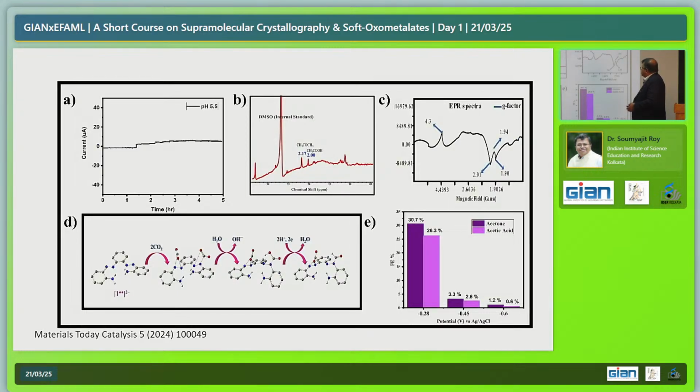Now once these combinations were happening, then Nidhi was able to show that they go via an acetyl unit, and these acetyl units would combine with methyl so as to form acetone type units together with acetic acid, and the Faradaic efficiency that we got in this case was 30.7%, which is quite positive and quite high in these type of systems, right?